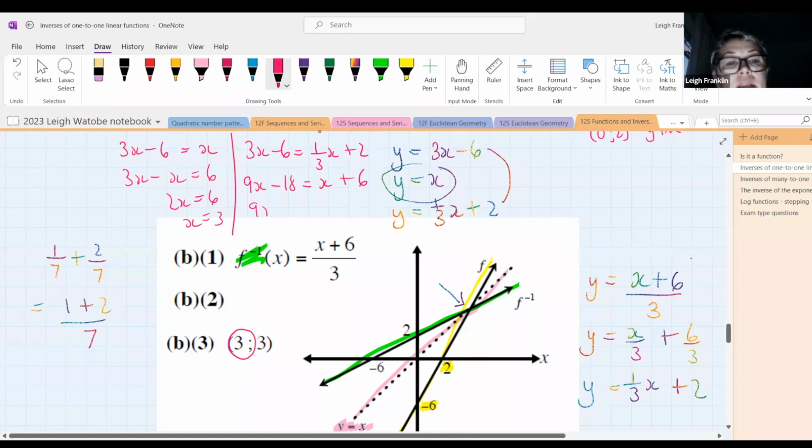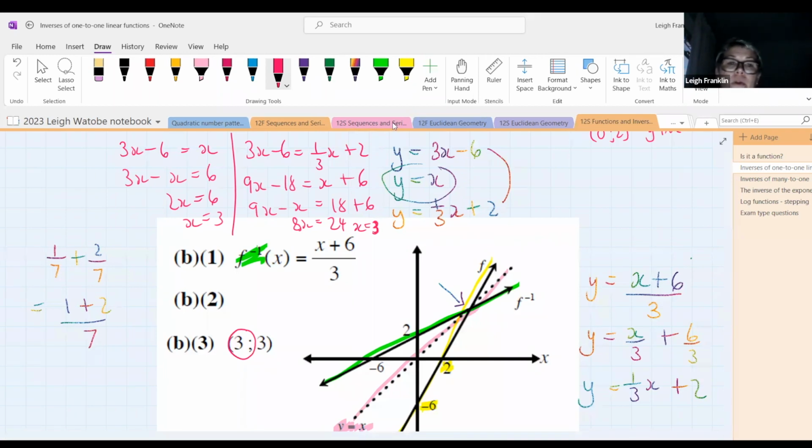Collect my x's together, my numbers together. That leaves me with, sorry, I'm talking nonsense, 8x is equal to 24. Divide both sides by 8, x would still be equal to 3. Can you see that, Ola? Then you just sub into either one of these equations in order to get the corresponding y. So it's just a simultaneous solution.